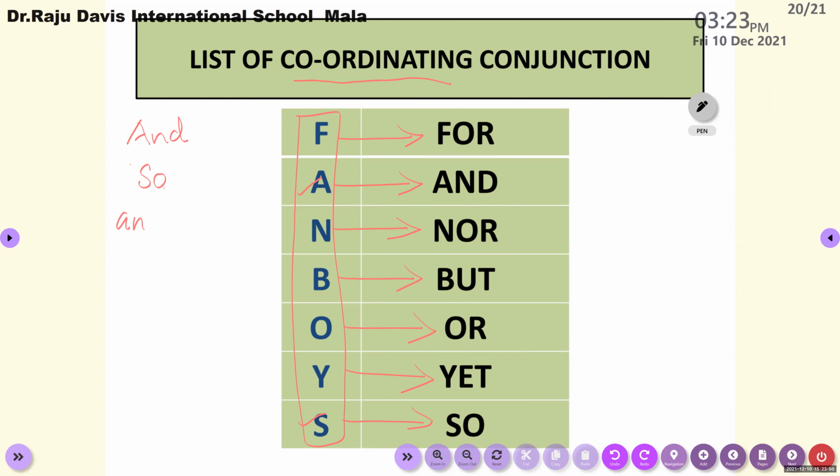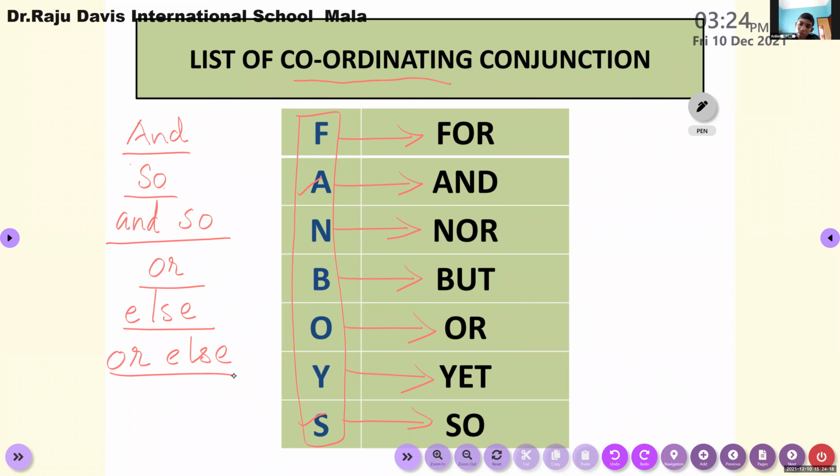And so is one more coordinating conjunction. Then we have or else. Else is also a coordinating conjunction, and together we can make another coordinating conjunction called or else. So or else is a coordinating conjunction.